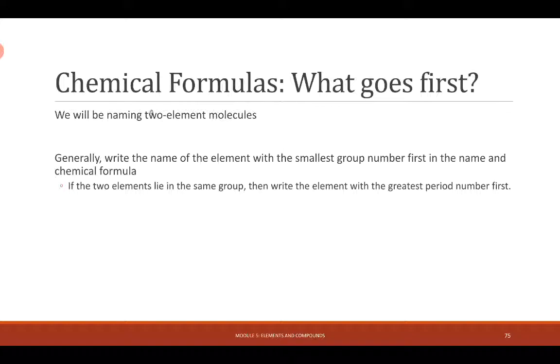So we will only be naming inorganic molecules for now that contain two different elements. Generally speaking, when we write our chemical formulas, you want to pick the element that's in the smallest group number first, which is going to be closest to your left-hand side.